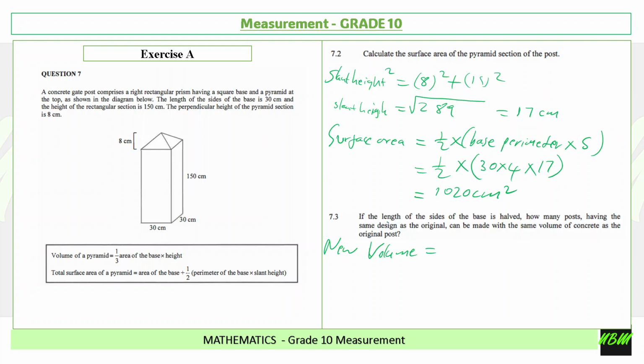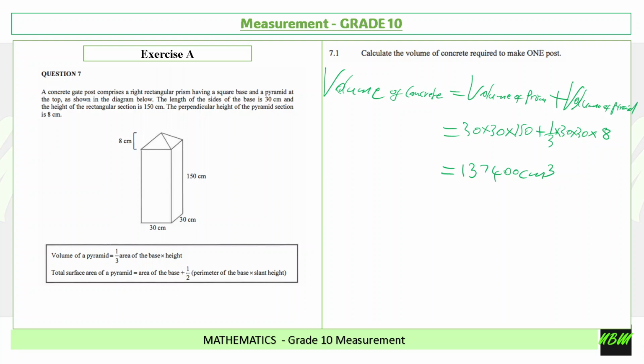Or you can just say we are halving the sides of the base, half, and then we are going to square. Remember, when we're dealing with scale factors with the volume, if it is all the dimensions, then we are going to cube the scale factor. But this time around, we are not dealing with all the dimensions, meaning the length, the breadth, and the height. It's only the length and the breadth. Hence, we are going to square it, multiplied by the original volume. What is the original volume?